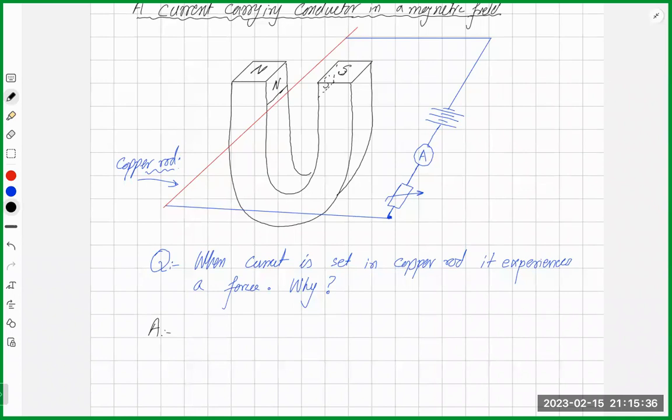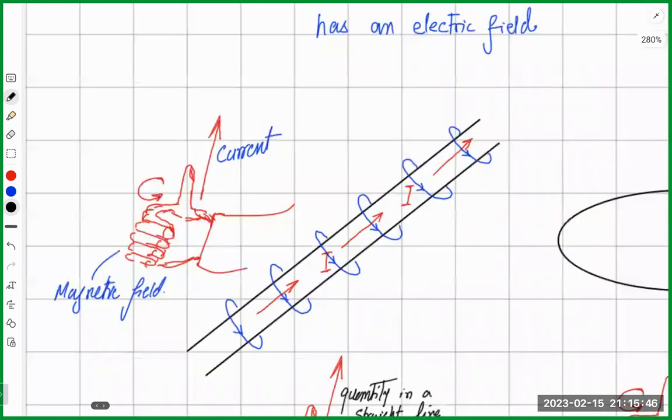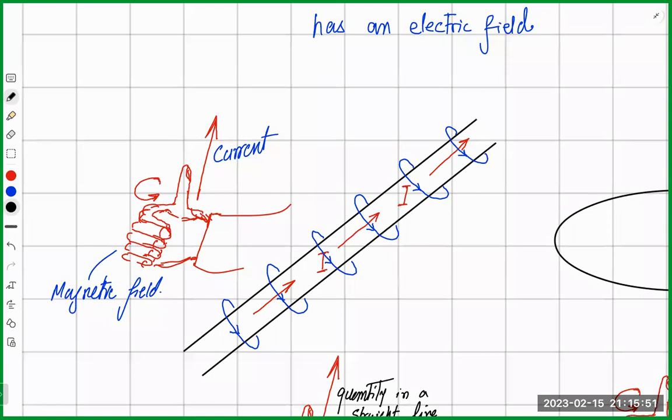We studied this yesterday, that when there is a current in a conductor, it will have its own magnetic field. And we can find the direction of the magnetic field using the right hand grip rule. If we make our thumb go along the direction of the current, the curl of the fingers will let us know the direction of the magnetic field around the conductor. We discussed that yesterday.